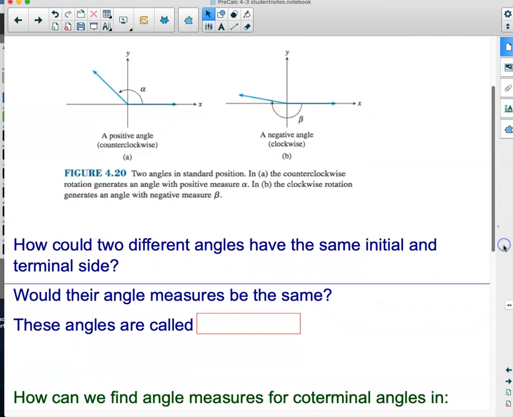Now, if we have two different angles, and they have the same initial side and terminal side, how does that happen? Well, they could be landing in the same position. If we don't see an arc that tells us how many rotations are taking place, all we know is they land in the same position.